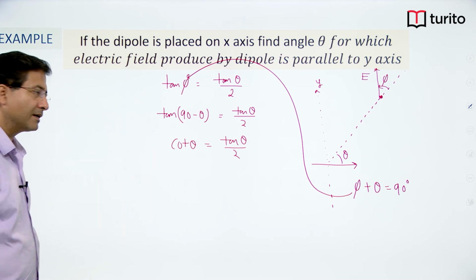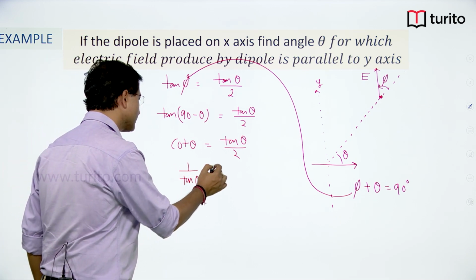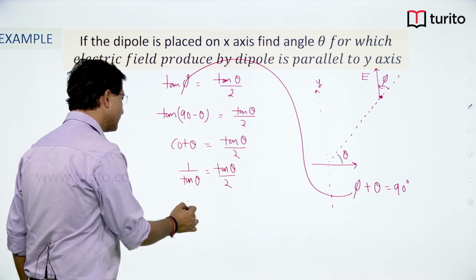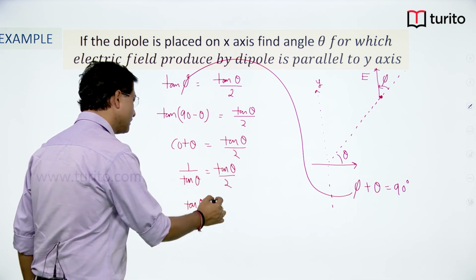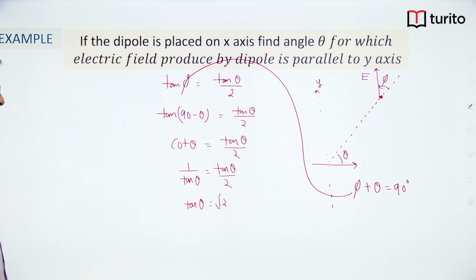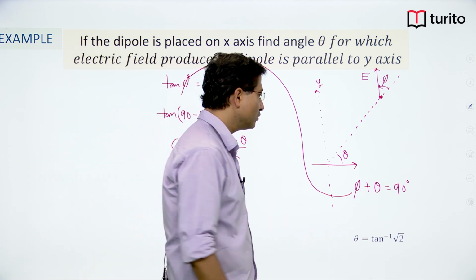This can be written 1 by tan theta. That means we are getting tan theta is equal to, this will become tan square theta equal to 2. That means we are getting theta is equal to tan inverse root 2.